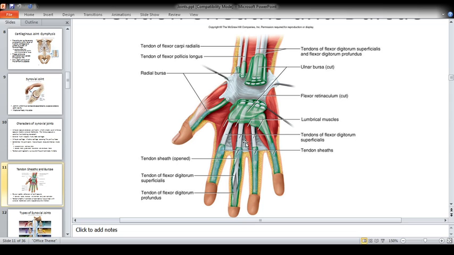Now these tendons are covered via sheaths of synovial membrane. These sheaths are known as tendon sheaths. These sheaths would allow free to and fro movement of the tendons.